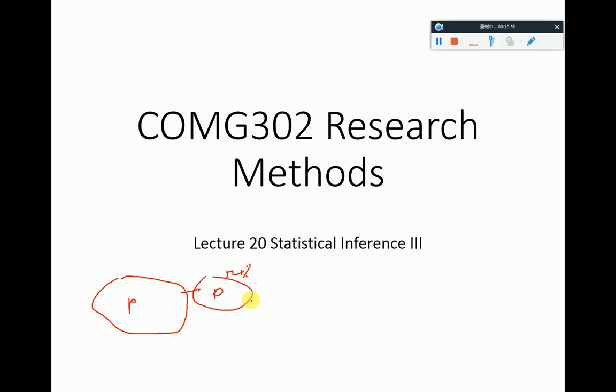But as usual, we have to quantify the uncertainty about this point estimate, because by drawing different samples, the sample proportion might very likely change, because you're surveying different subsets of individuals. So to capture these uncertainties about this point estimate, we can calculate a confidence interval.